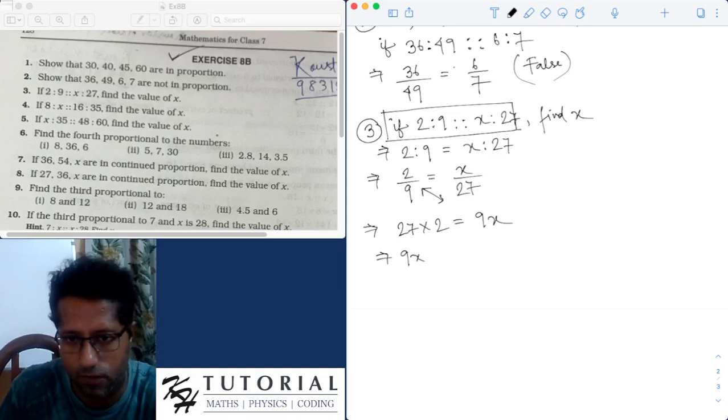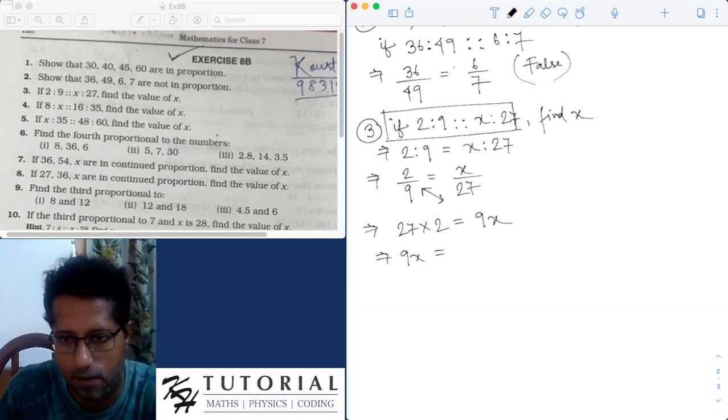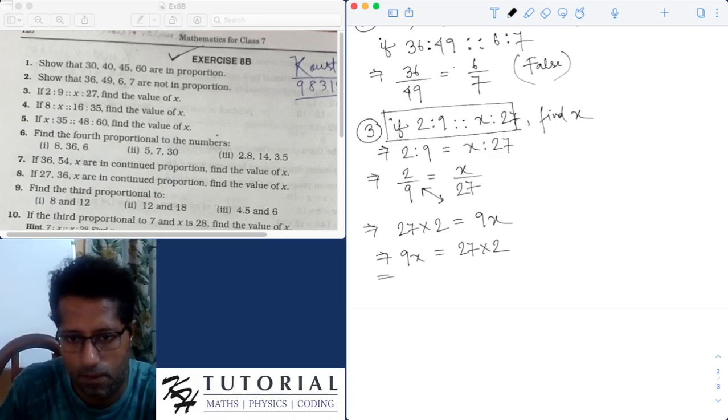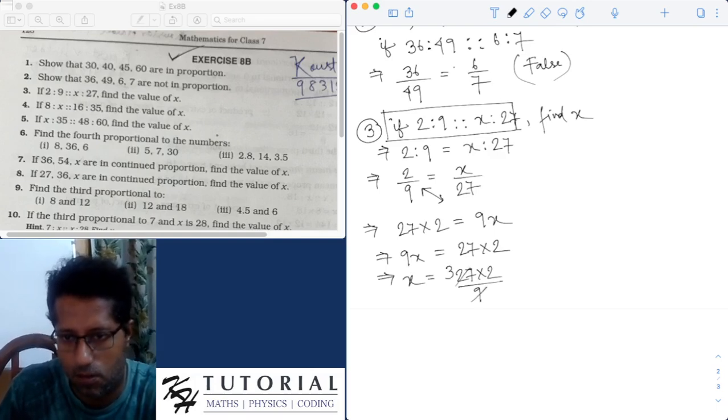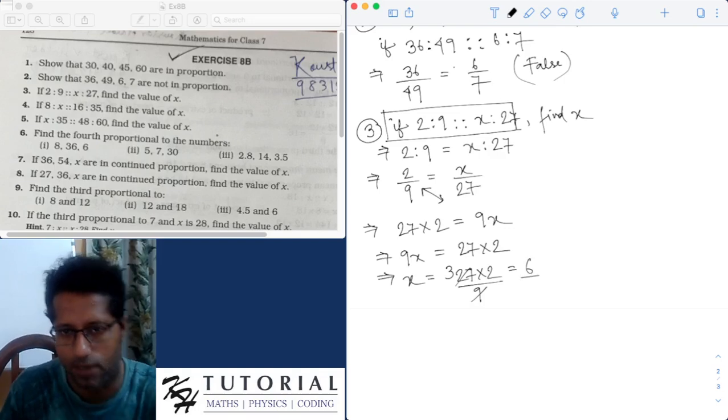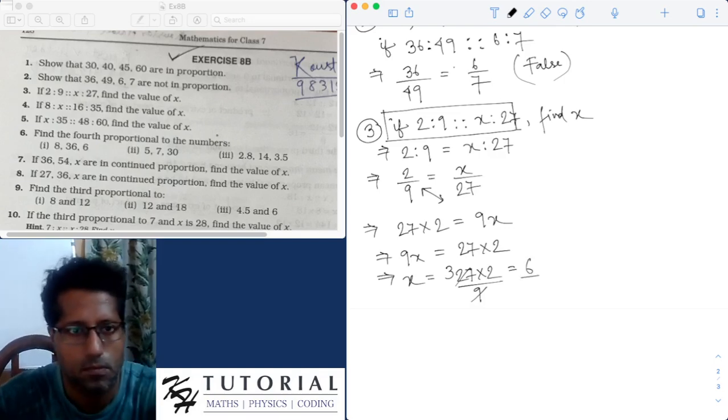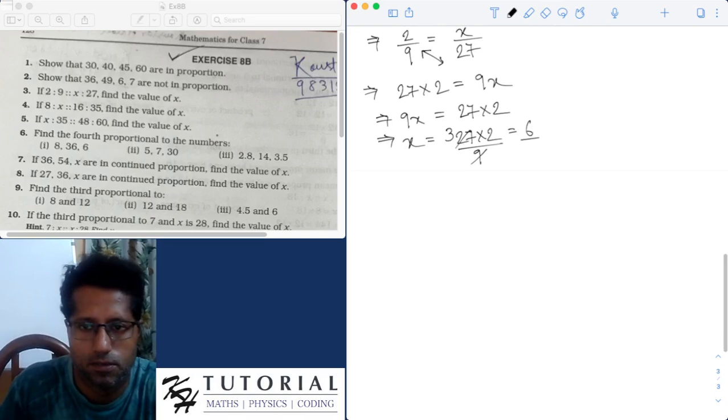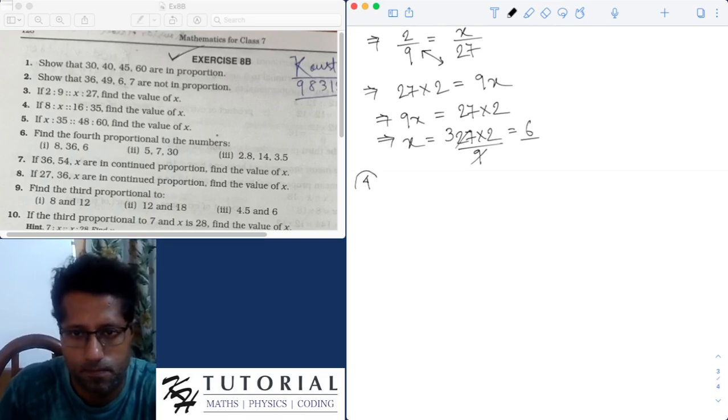It's better to have the variables on the left hand side. This implies x equals 27 into 2 by 9, and this equals 6. So x is 6.